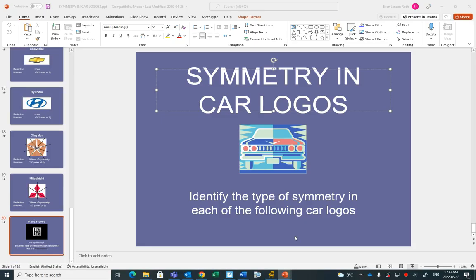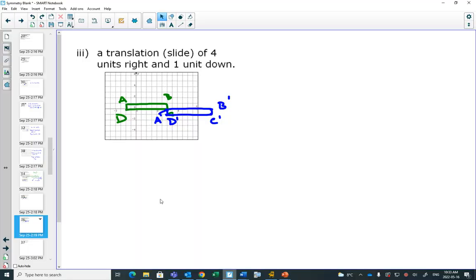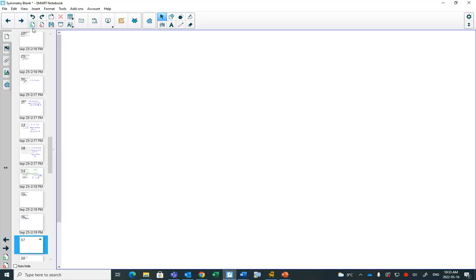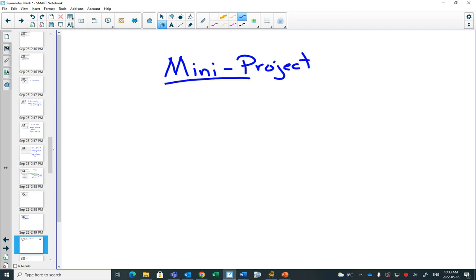Now, we have a mini project. In your mini project, let me just get my red binders. Sorry, Jackson, I have stuff here for you. It has lots of projects. We have a mini project and a major project.